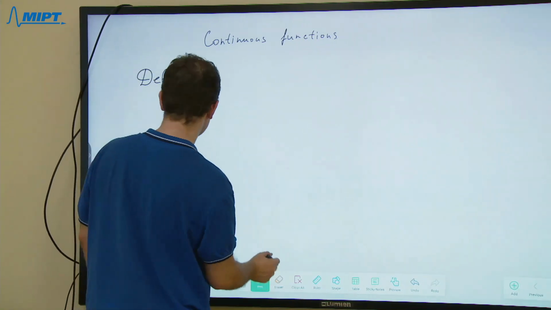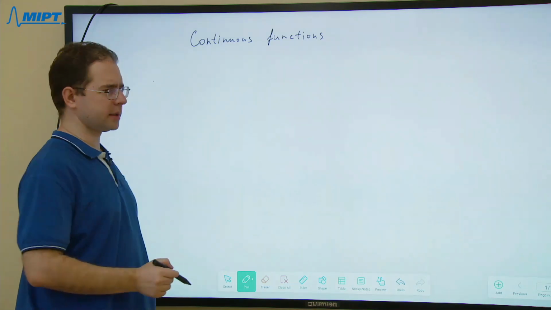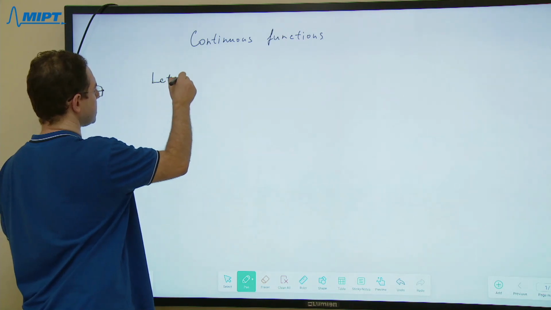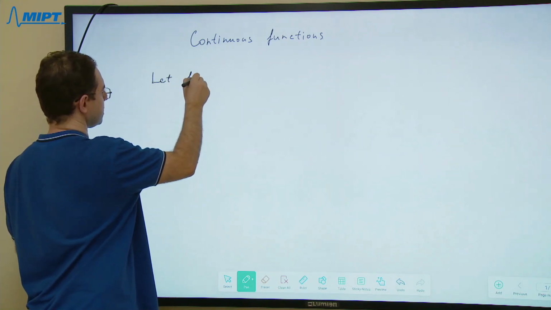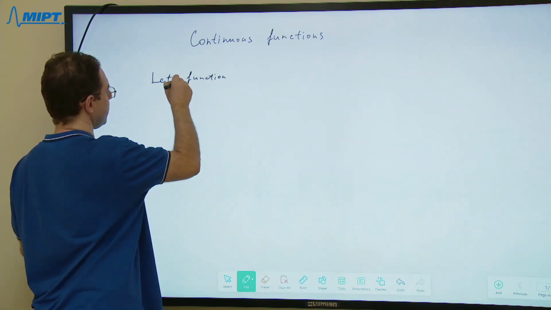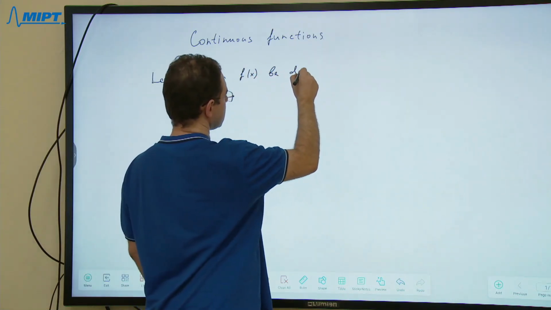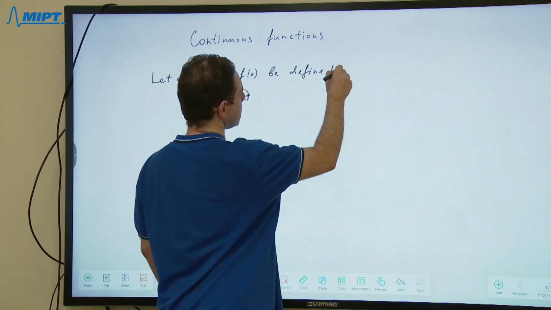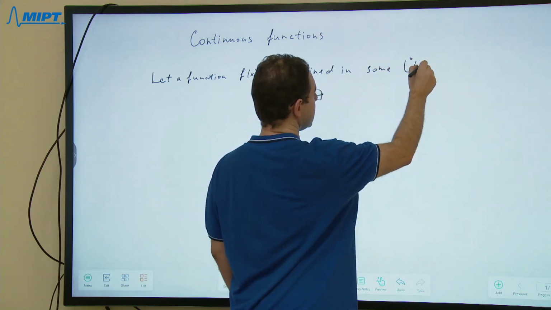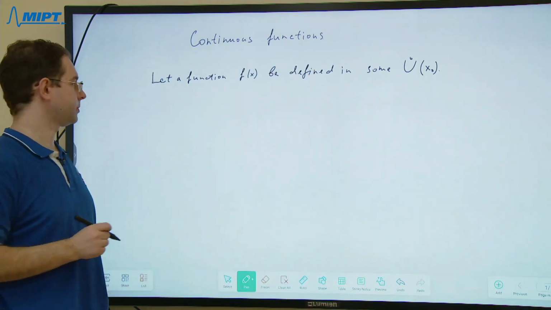Before the definition, let me say that throughout today's lecture, let the function f of x be defined in some deleted neighborhood of x0 throughout today's lecture.